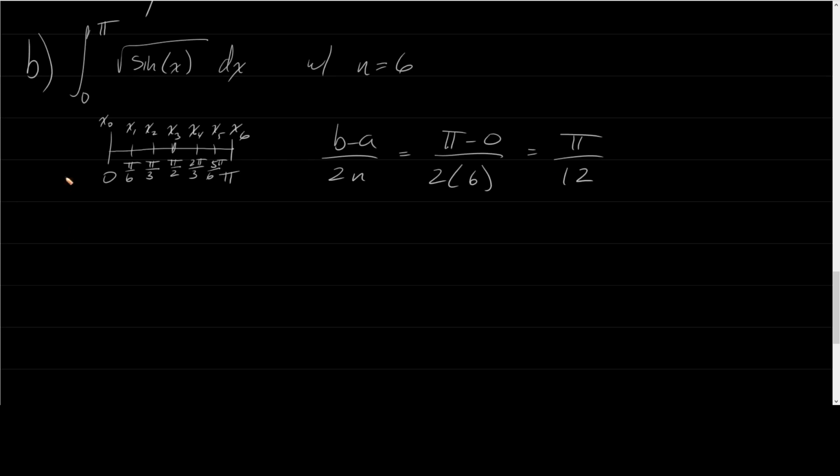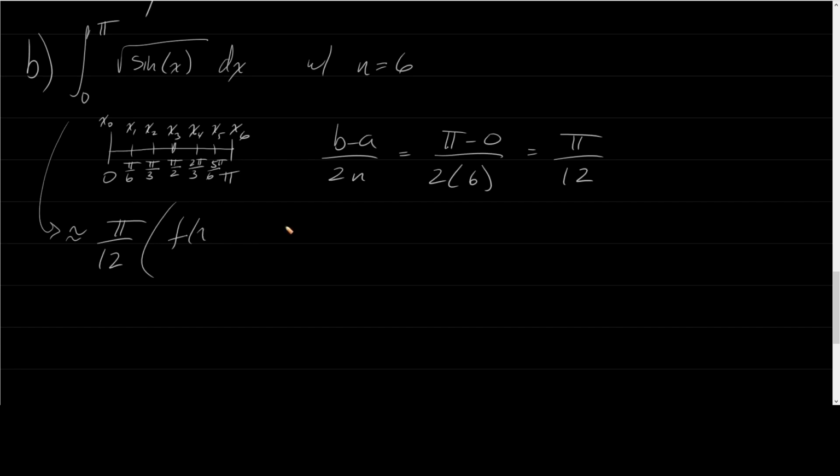And now, we get that this integral is approximately equal to, well, pi over 12, b minus a over 2n, times f of x naught.